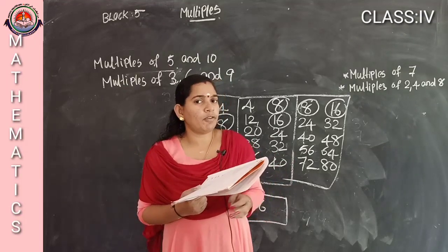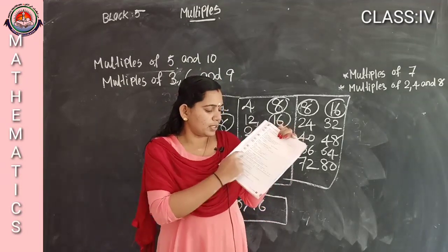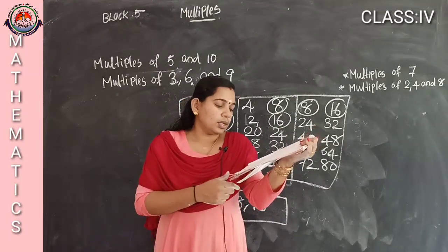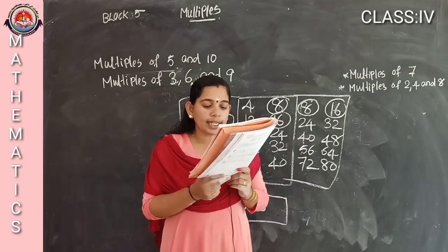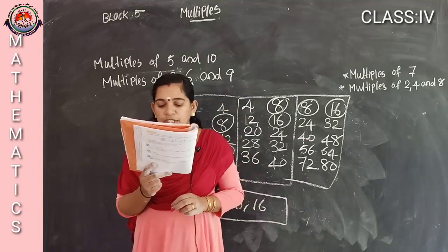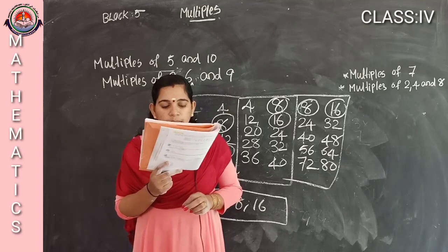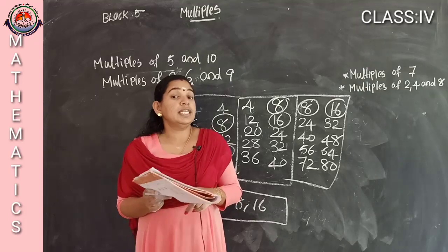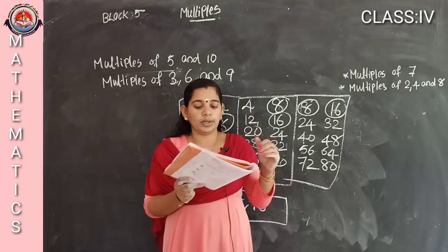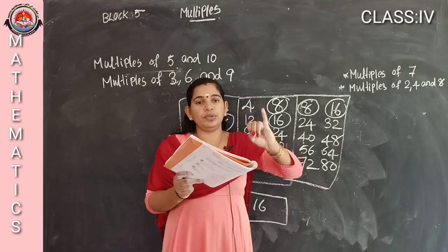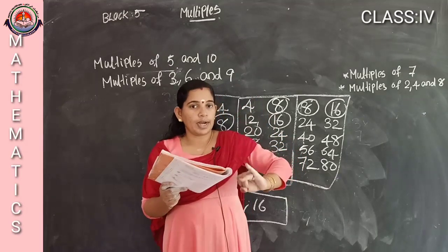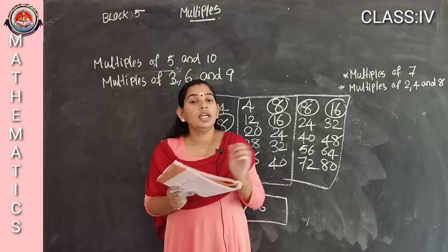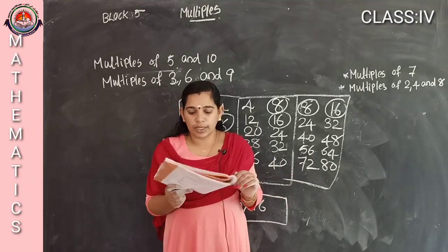From this, tick the numbers that are common multiples of 5 and 10. Write the common multiples of 2, 5, 10 between each given set of numbers. Write all the common multiples of 2, 5, 10 in between 10 and 30. Next, 25 and 45.